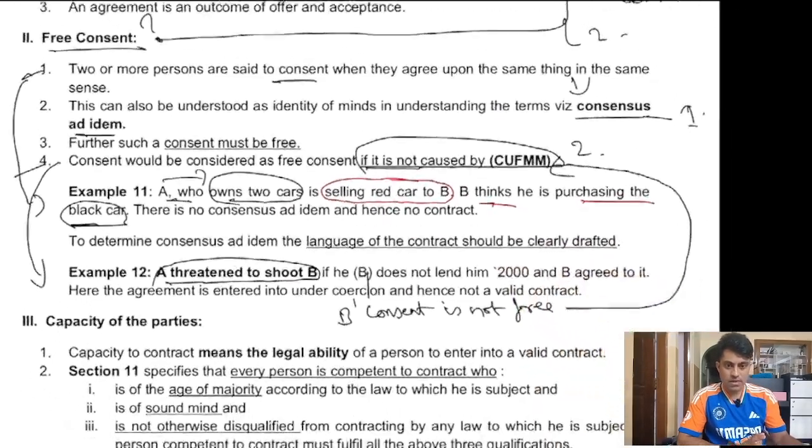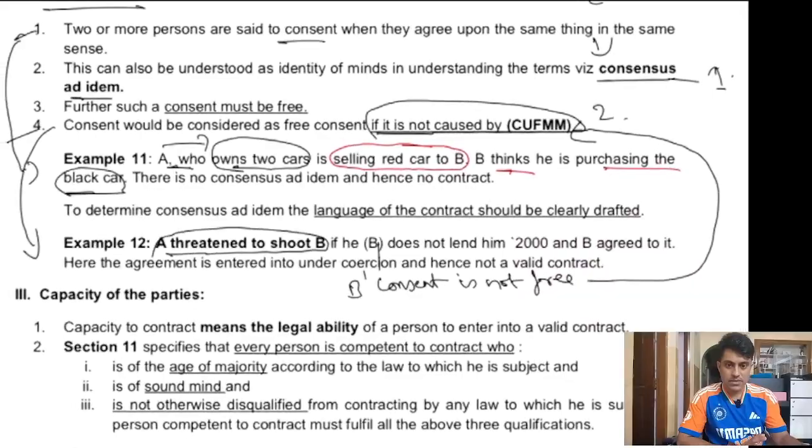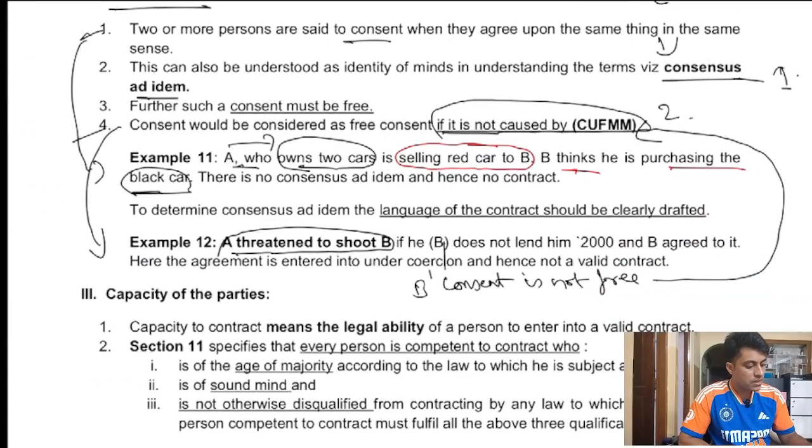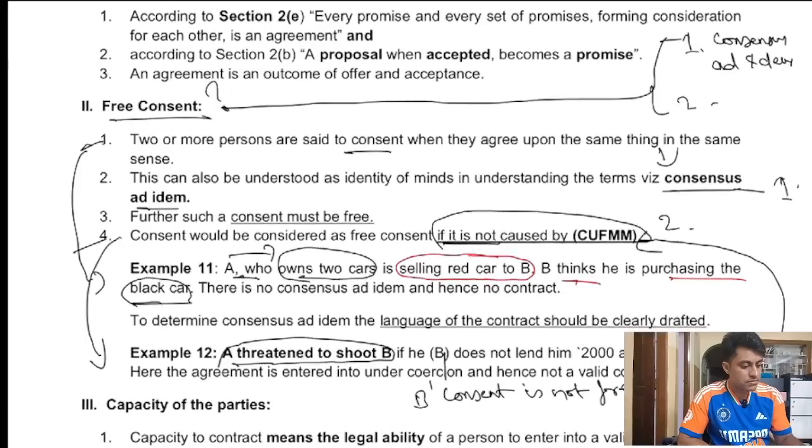Now if you see here, B's consent is not free. So therefore, free consent is missing. And if the free consent is missing, the contract becomes invalid. So that is about your free consent.